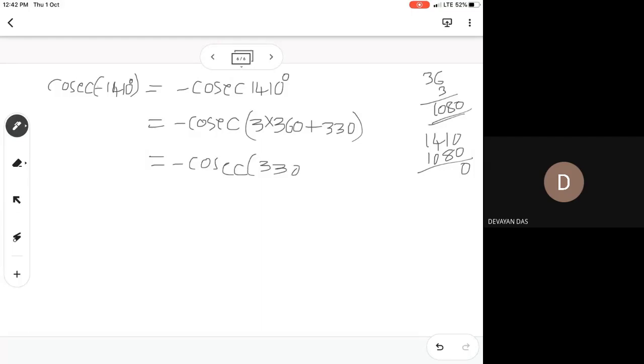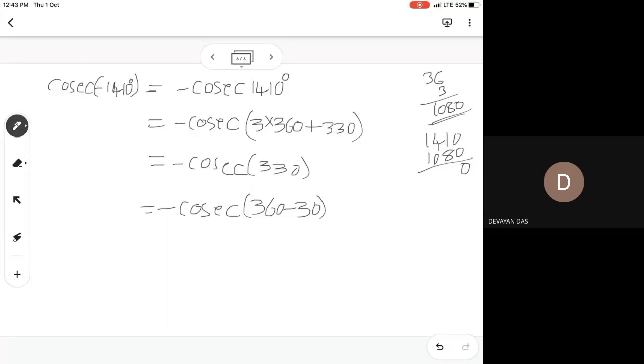So what is 330 degrees? You can write 360 minus theta, 360 minus 30. So minus cosec of 360 minus 30. 360 minus 30 is in which quadrant? Fourth quadrant. In the fourth quadrant, what will cosec be? Negative.